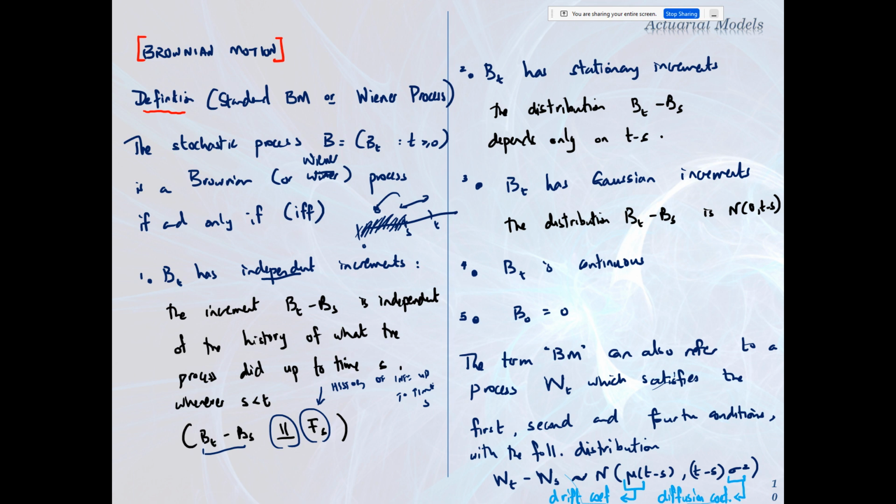Secondly, B_t has stationary increments. That is, the distribution of B_t minus B_s depends only on the time increment t minus s. Thirdly, B_t has Gaussian increments. So B_t minus B_s follows a normal N(0, t minus s), with these as parameters.